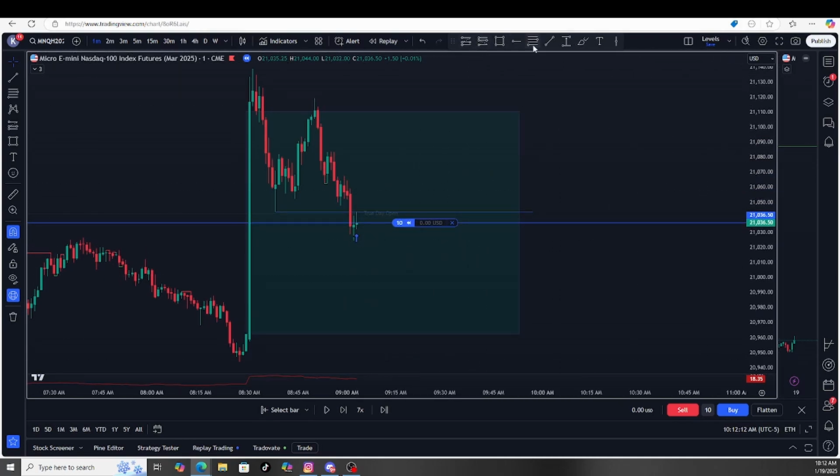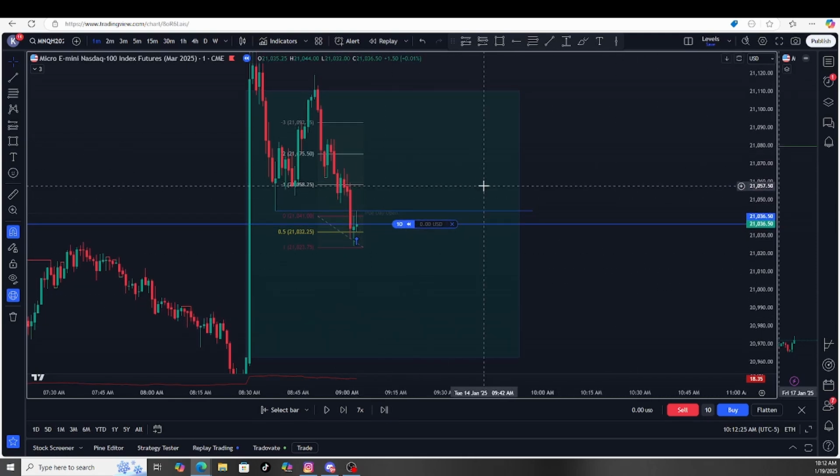I know my stop's going to be below the low, my entry's right there above the high, and 1R, 2R, 3R. I usually like to go into 1R, and then I'll trim half depending on where the liquidity is. 1R in this case hits before my liquidity, so I'm going to take off at 1R.